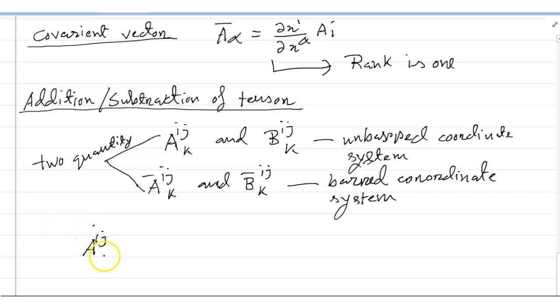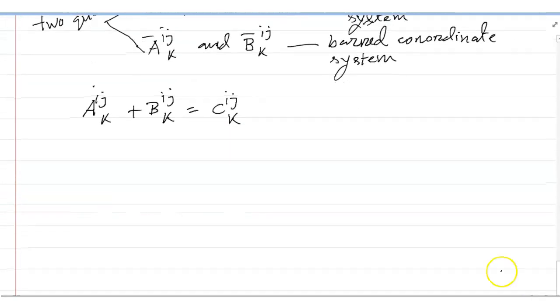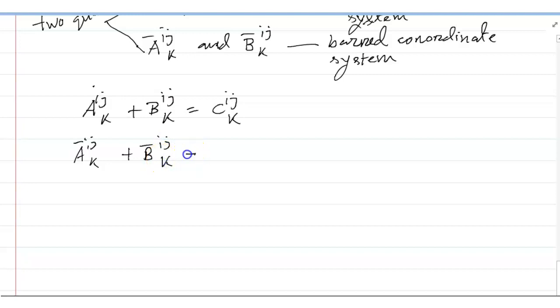Aijk plus Bijk can be written Cijk, and A bar ijk plus B bar ijk can be written C bar ijk.